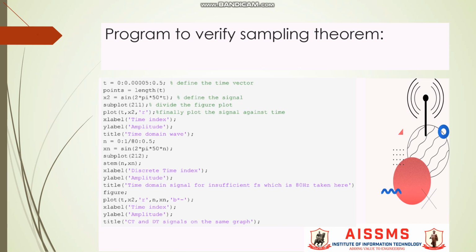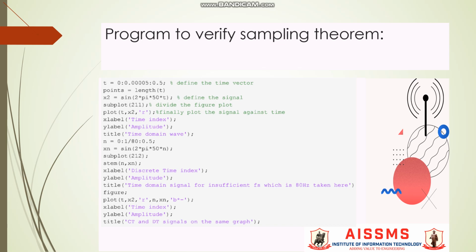Next, we want to plot the discretized version of our signal. So we have n equal to 0 to 1 by 80 equal to 0.5. So here our frequency is 80. Using the subplot command to plot this discrete signal in the second position, we use the command subplot 2, 1, 2.